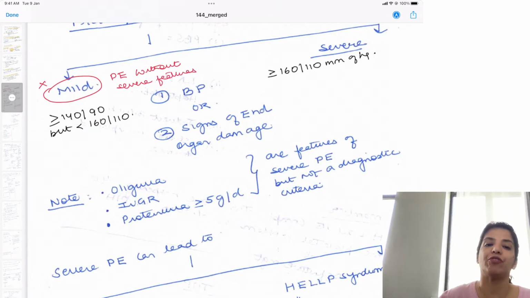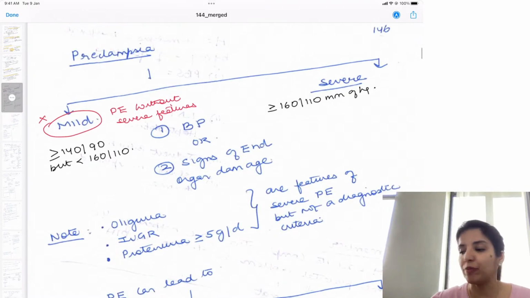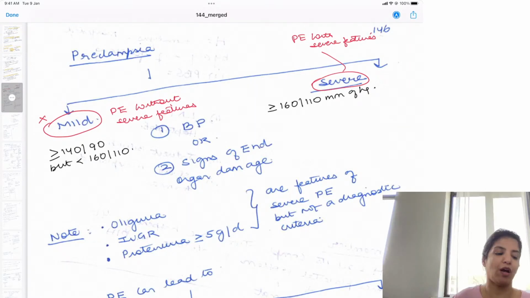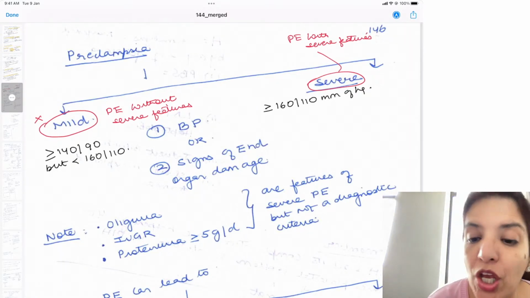Preeclampsia without severe features. And for severe preeclampsia, we use the term preeclampsia with severe features. Preeclampsia with severe features. Right?